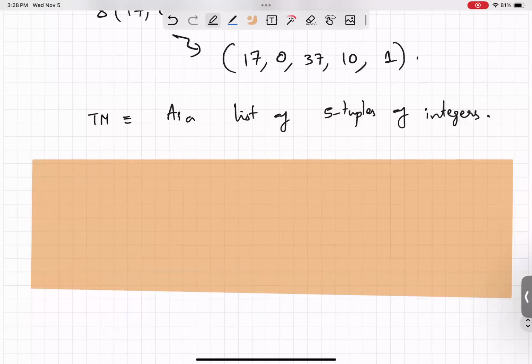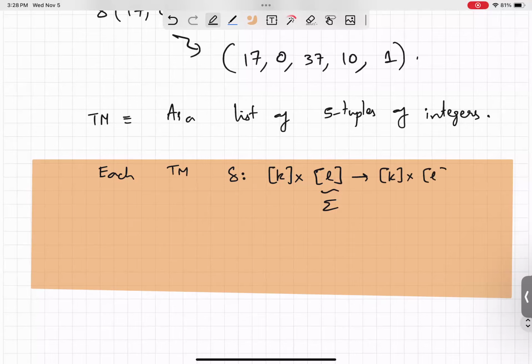So if you have a Turing machine, it takes some states, some alphabet, which we kind of identified with that. This is sigma. I can specify it by saying, maybe I'll tell you the number of states up front.